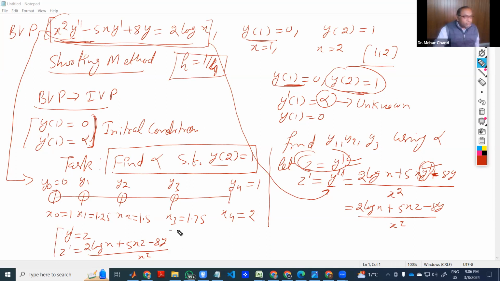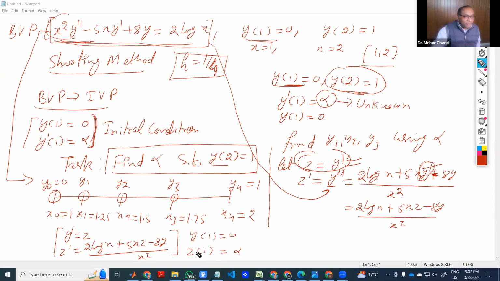So you now have these two equations. This is now a system of equations. One is y dash and the other is z dash. Then we need the conditions also. For the first equation, y1 is equal to 0 and z1 is equal to alpha.